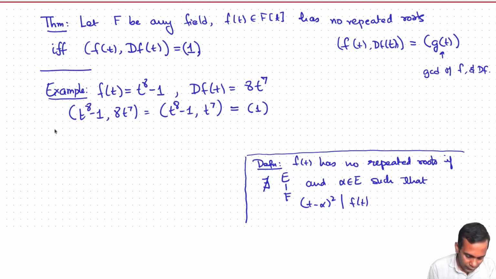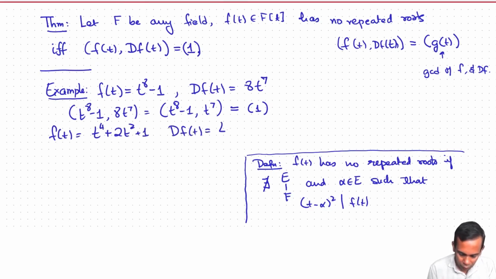And now let's look at the other example that we had. We have f(t) equals t to the power 4 plus 2t squared plus 1. Then df(t) is 4t cubed plus 4t, which we can write as 4 times t times (t squared plus 1).